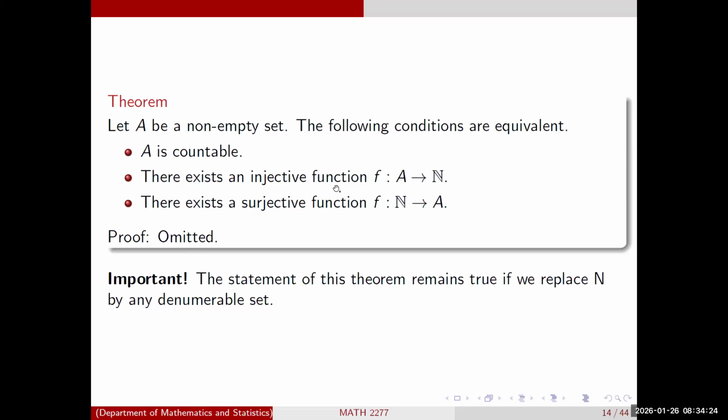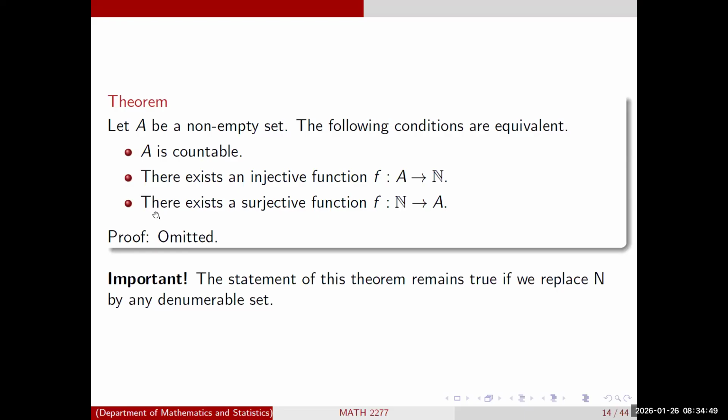So if you are using injective functions to show something is countable, you need to put the natural numbers as the codomain. If instead it is more convenient for you to put the natural numbers as the domain, then you need to show that the function is surjective.